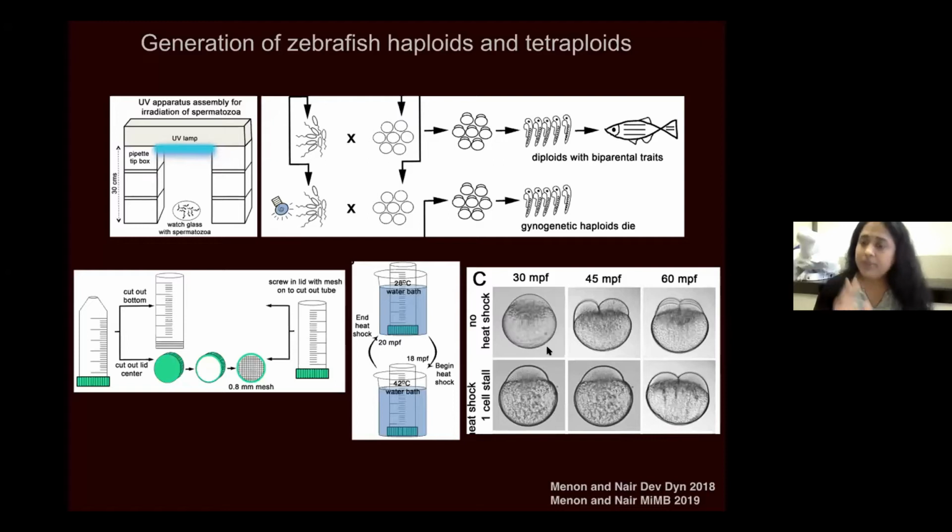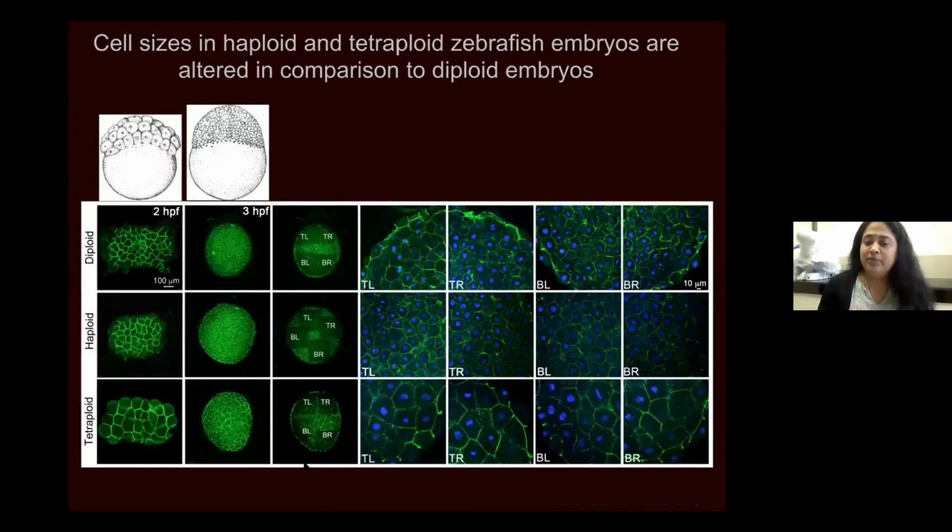Now we have a diploid condition, which is normal, a haploid condition in the same species, and a tetraploid condition in the same species. So you can go from diploid either towards larger cell sizes or smaller cell sizes, hopefully. That is something we wanted to check. And true enough, this is just a schematic to show the stages at which we collected these data sets.